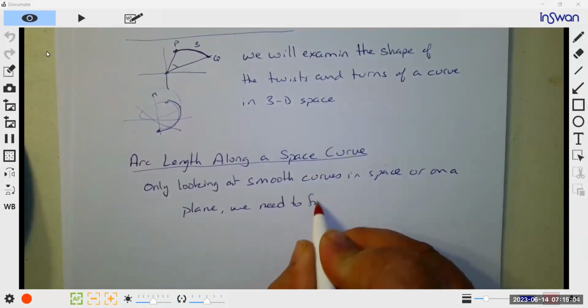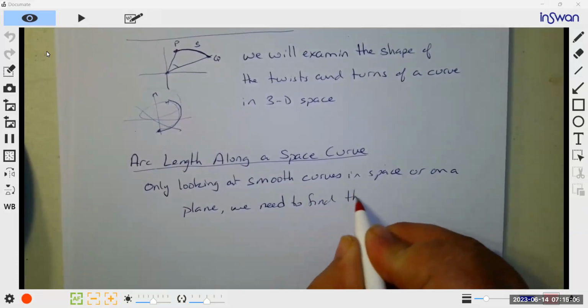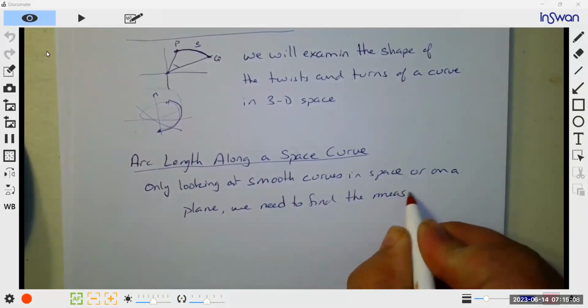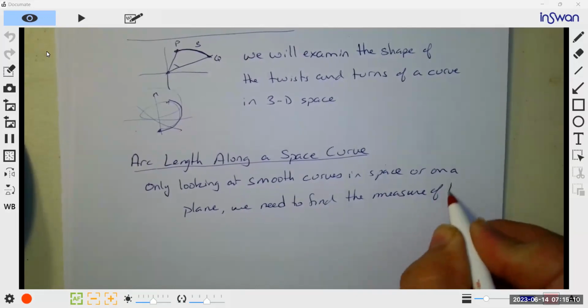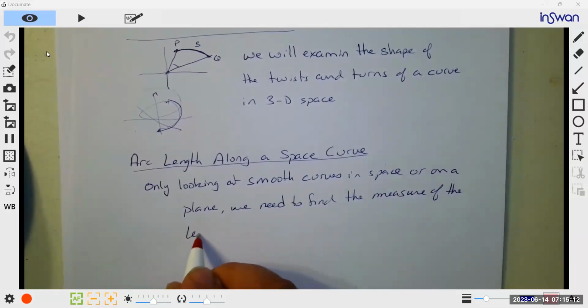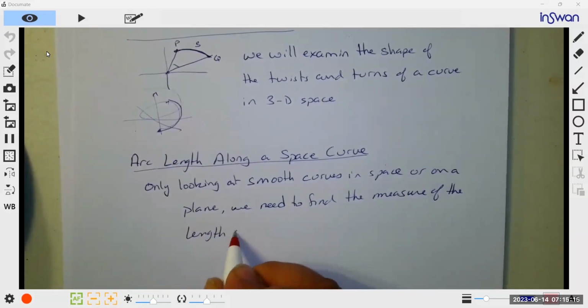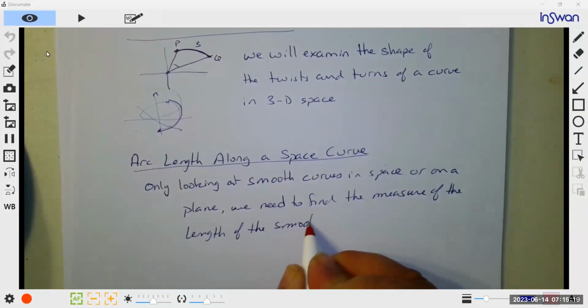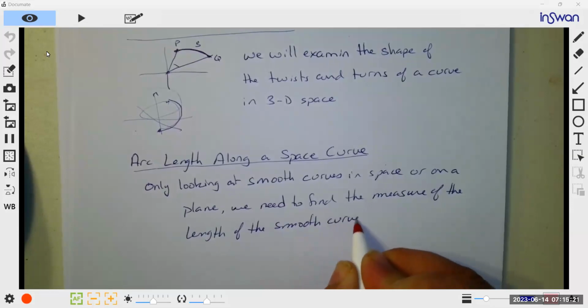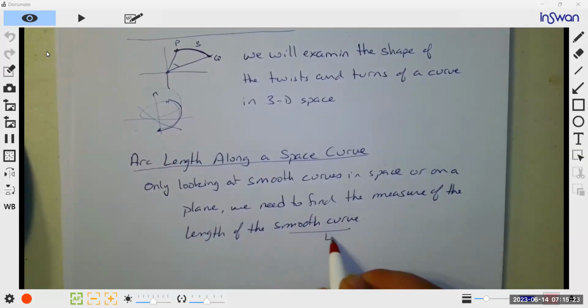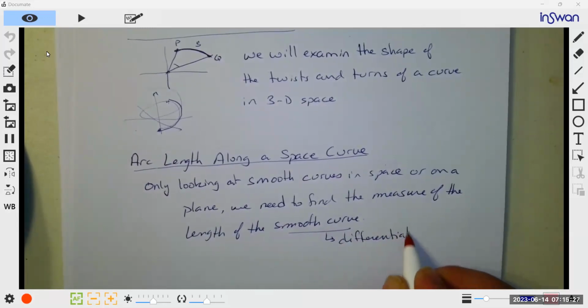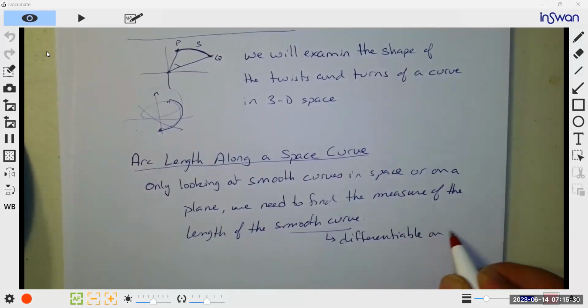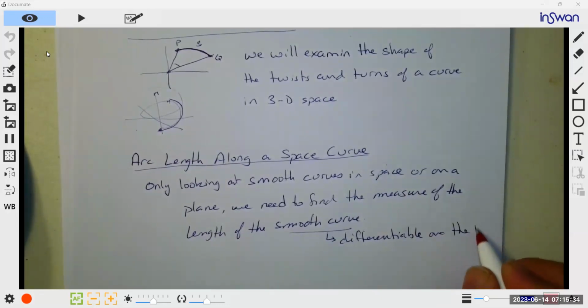We need to find the measure of the length of the smooth curve. Remember, smooth curve means it's differentiable on the domain D.